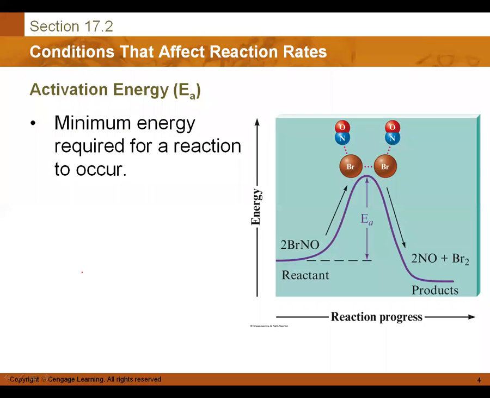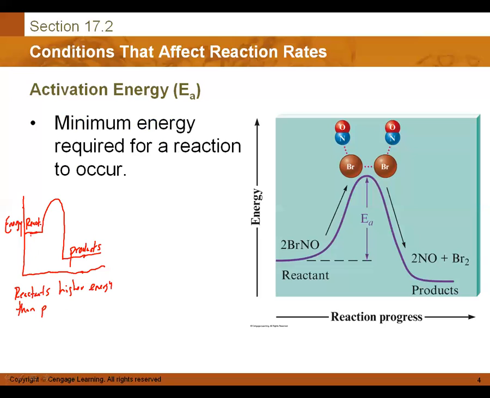If we draw one, for example, like this, this is our products, over here are reactants, and this is energy. In this particular energy diagram, wonderfully drawn, we have our reactants that are higher in energy than our products.